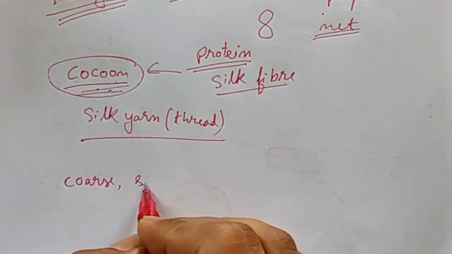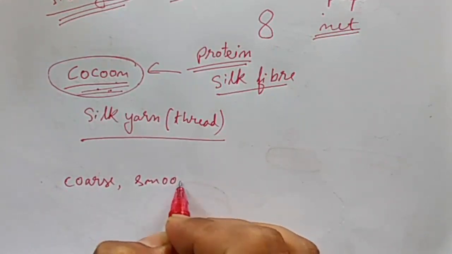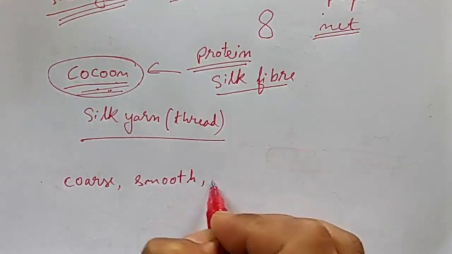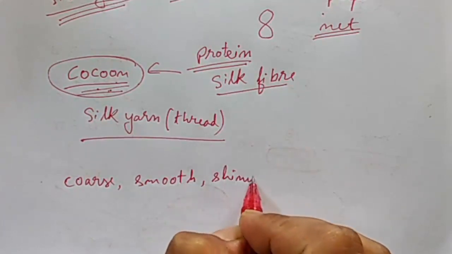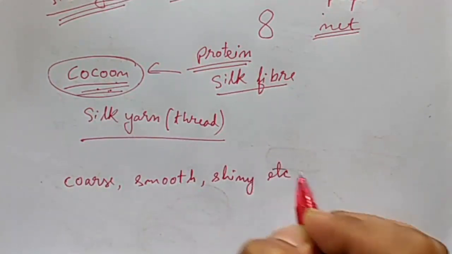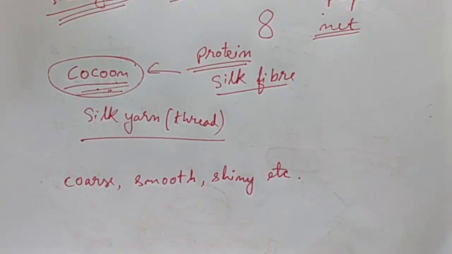that is coarse, smooth, shiny, etc. So let's take some examples of silk.